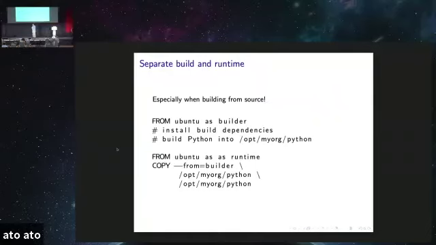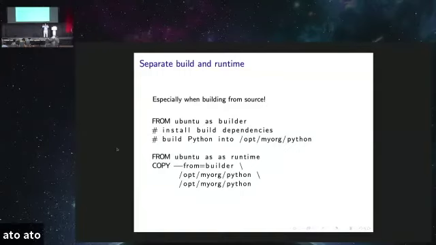Again, I simplified a bit to make it fit onto the slide, but you basically start with a builder version. You need to install build dependencies. I don't want to get into these details because there's a whole discussion I could have about that, unfortunately I don't have time for that, but you can always catch up with me later if you want to talk about it. And then you build Python, say, to /opt/myorg/python.